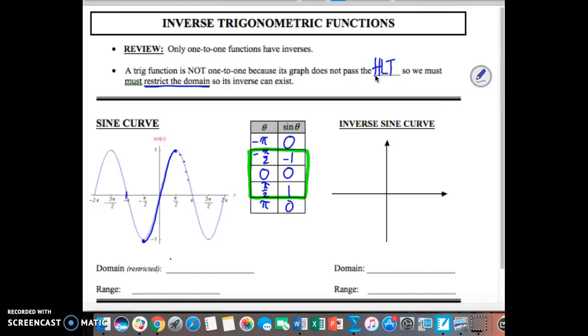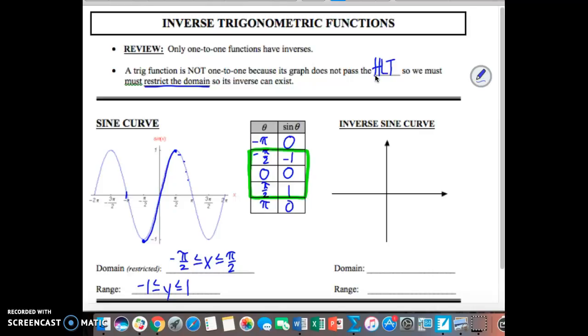Our domain will be restricted from negative pi over 2 to positive pi over 2, and our range goes from negative 1 to positive 1. The reason is that if we continued tracing our graph, we would be doubling up on our x values, and then we wouldn't have a function.